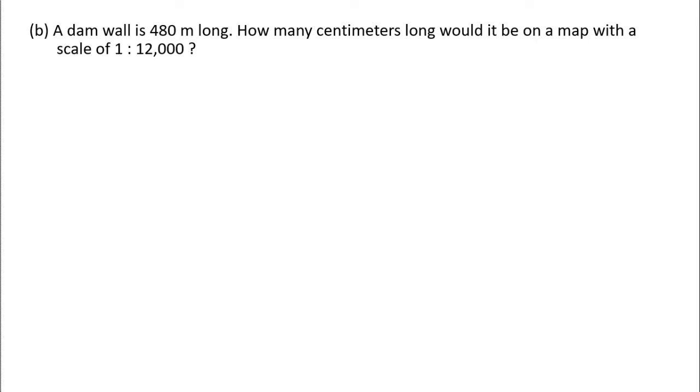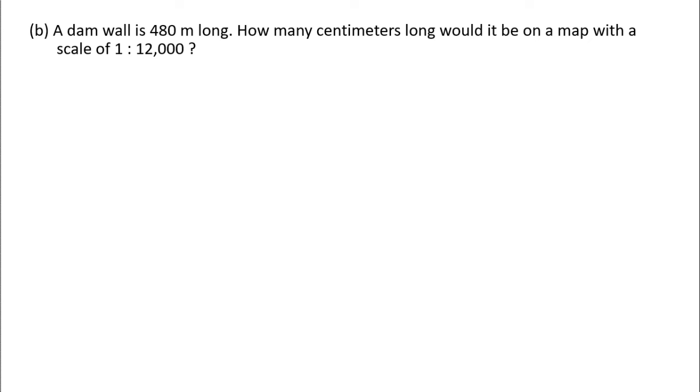It means every 1 centimeter on a map is 12,000 centimeters in real life. Here we know that the dam wall in real life is 480 meters long. Now, how long is that on a map?